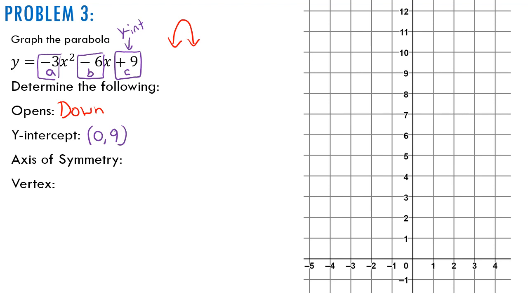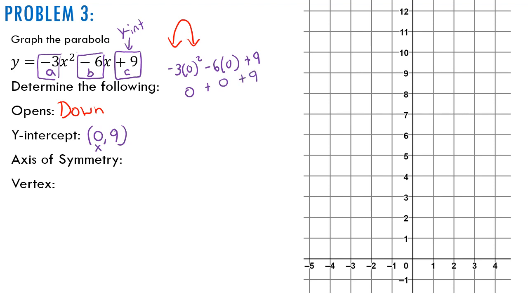Now you might ask, how do you know that? Why is that a fact? Well, let's think logically for a moment. If my x for a y-intercept is always 0 because it's on the y-axis, if I replace all the x's with zeros, well, 0 squared is 0. 0 times negative 3 is 0. Negative 6 times 0 is 0.